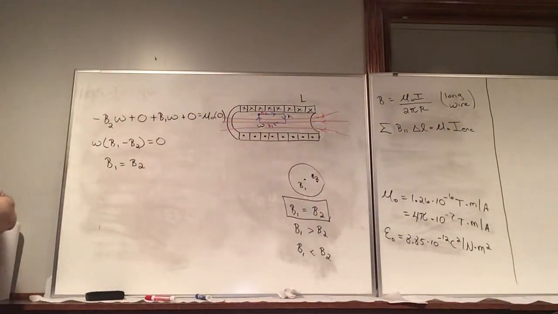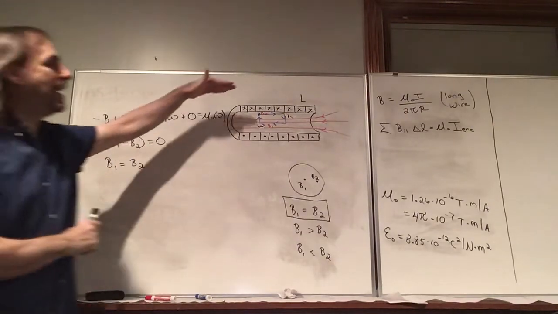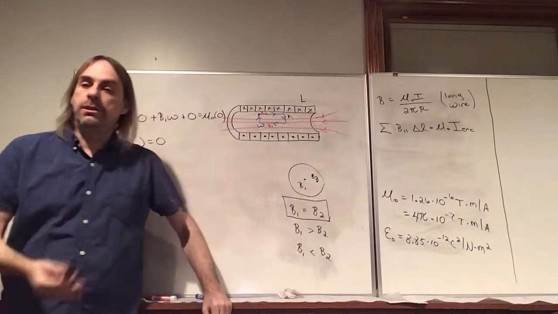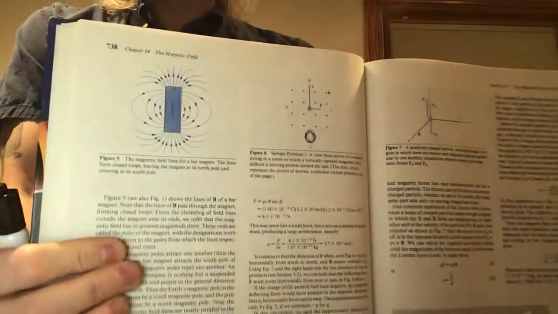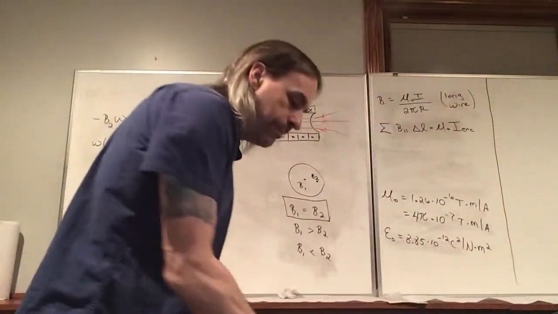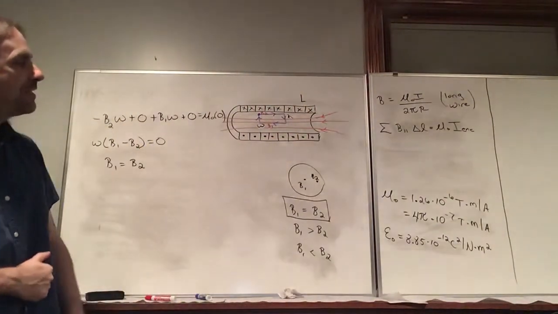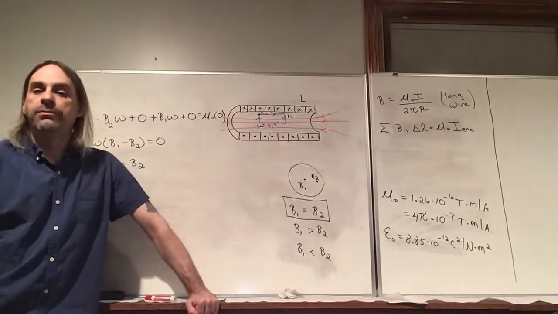Okay, but now we want to know what the magnetic field actually is. Oh, one more thing, the magnetic field outside the solenoid is 0. Now, it might not look like that from the picture I showed you. And the reason why is because for a real solenoid, the magnetic field outside is not going to be perfectly 0.